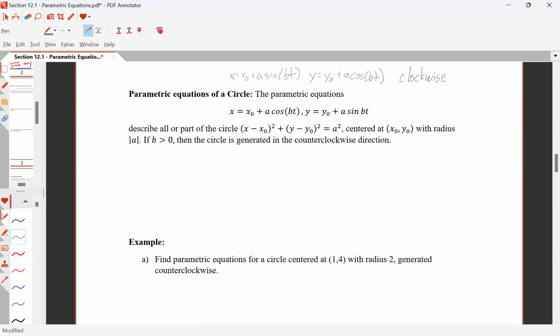And we saw that in an earlier example where we had 2 sine of 1/3 theta as x and 2 cosine of 1/3 theta as y.